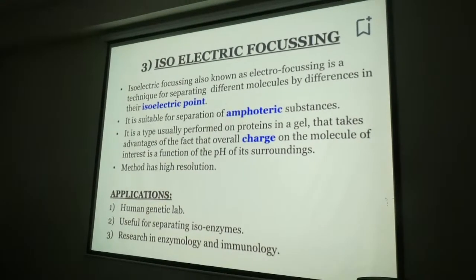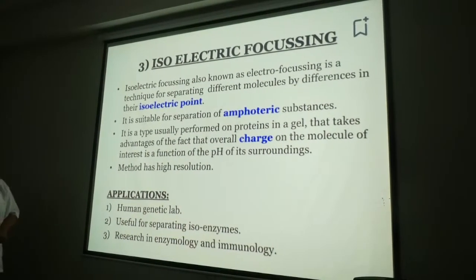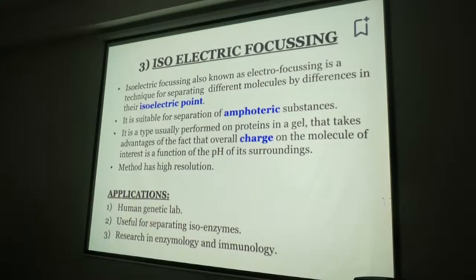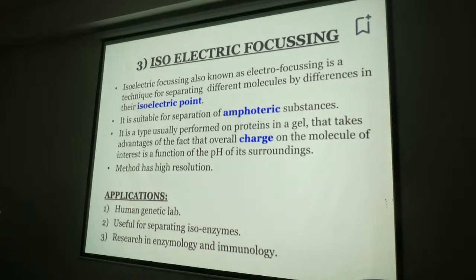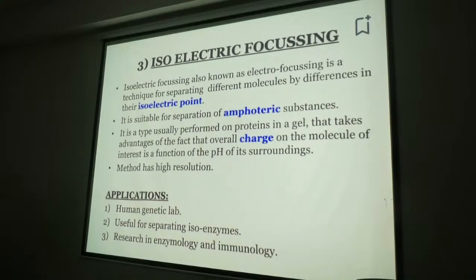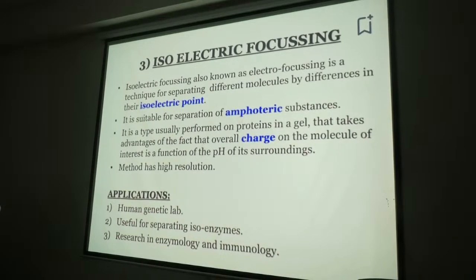Isoelectric focusing. Isoelectric focusing, also known as electrofocusing, is a technique for separating different molecules by difference in their isoelectric point. What is the isoelectric point? It is the pH at which the compound is neutral. That means there is no negative charge, no positive charge.